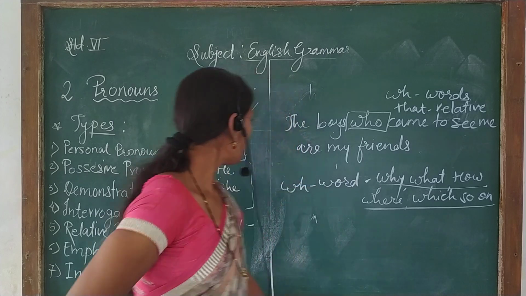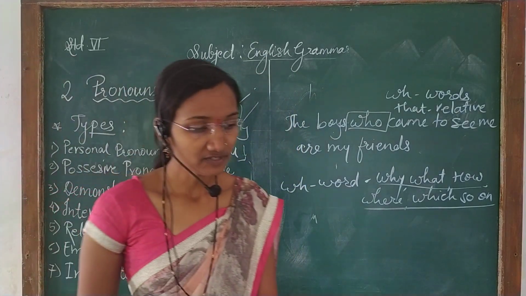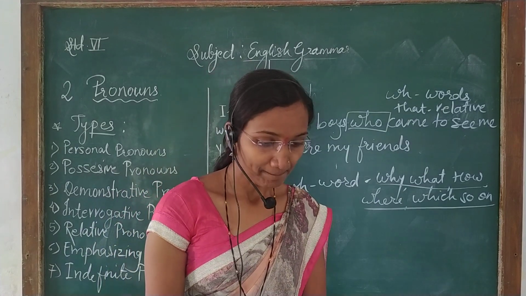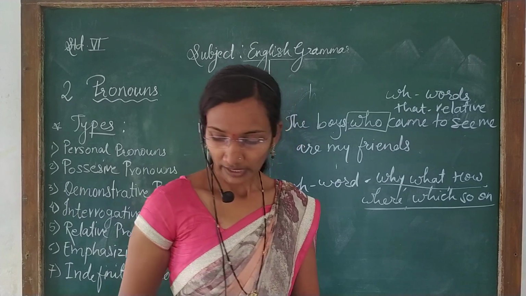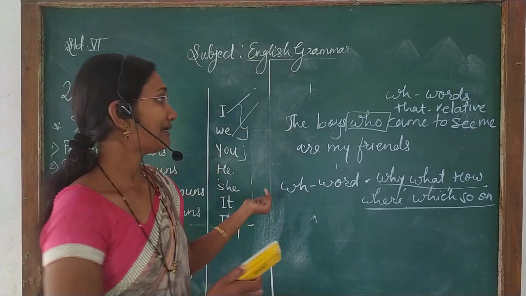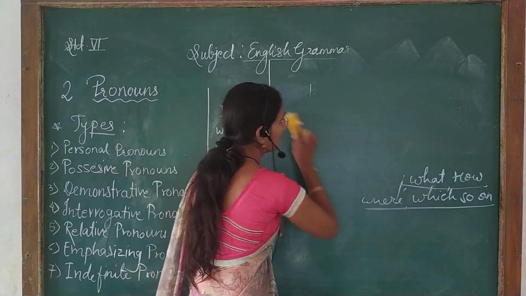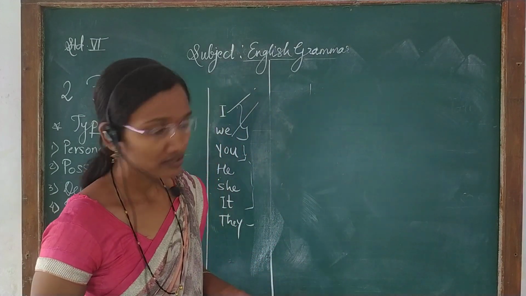Then next type of pronoun is emphasizing pronoun. Now what is emphasizing pronoun? When we stress or emphasize on something, that time we use emphasizing pronoun, okay. So how to recognize or identify the emphasizing pronouns, okay.